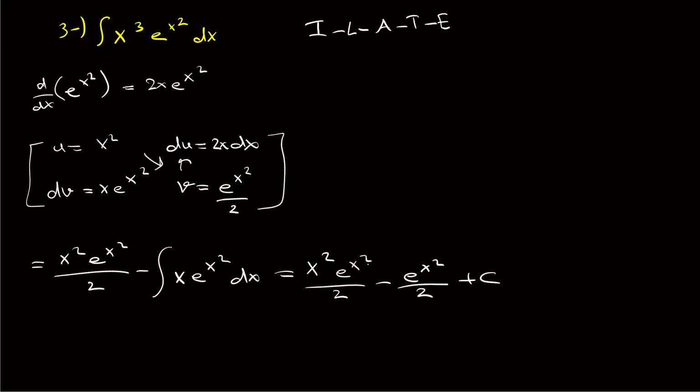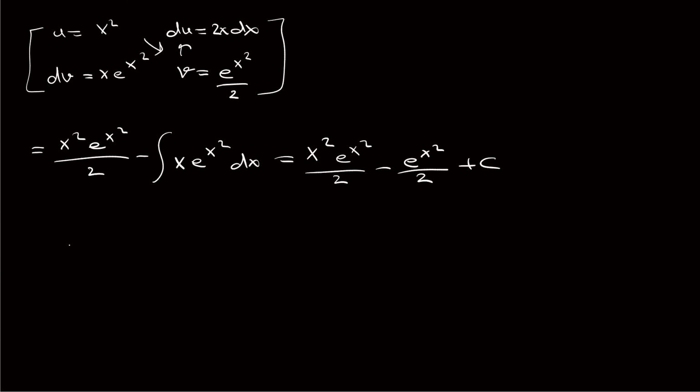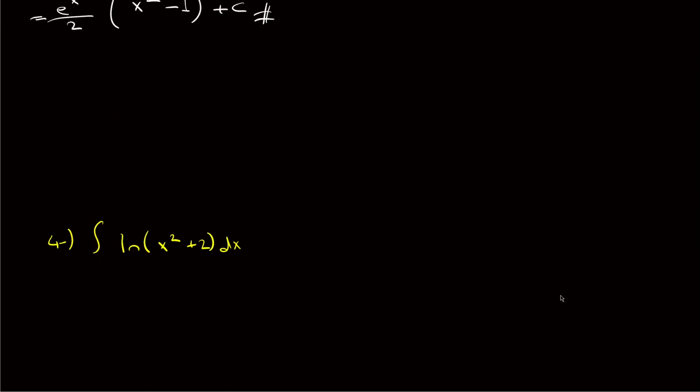You could write it in different forms. I'm going to leave it like this. Or maybe you can write it as e to the x squared over 2 times x squared minus 1, plus c, to make it look a little bit better, I guess.